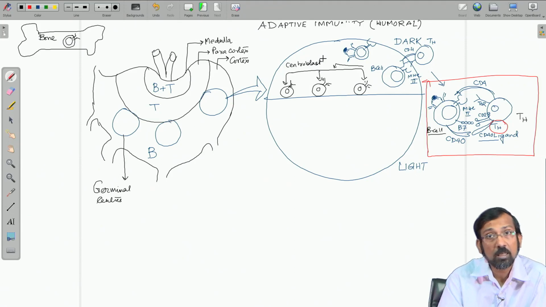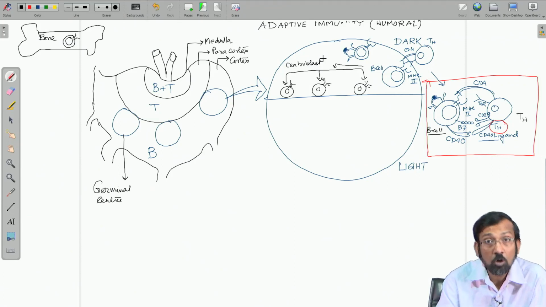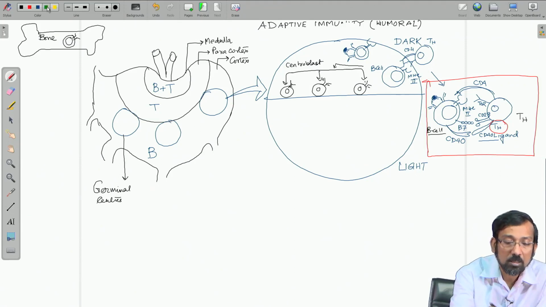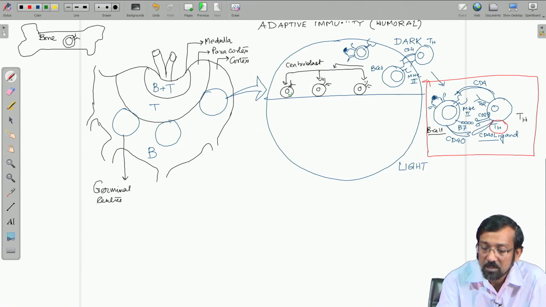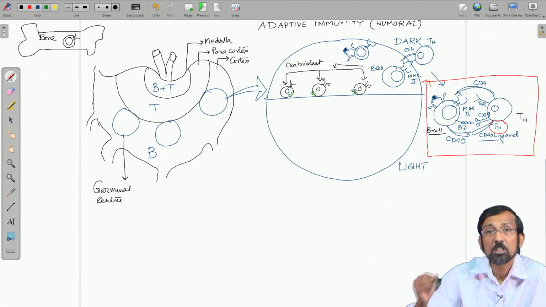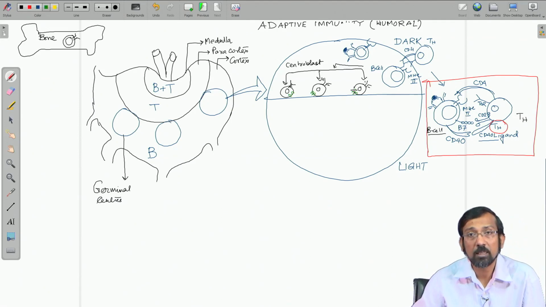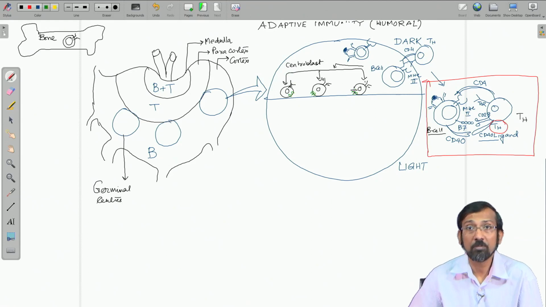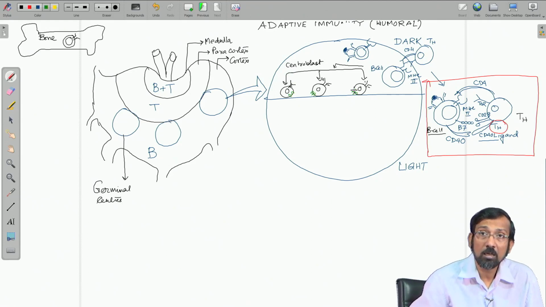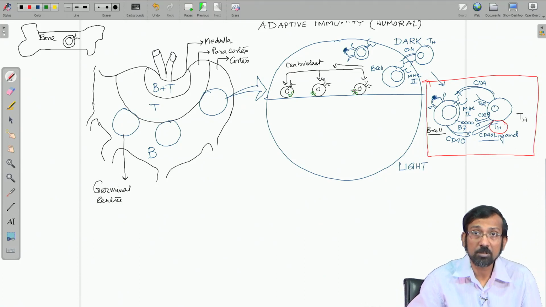Now, these centroblasts also express something else. They start to express on their surface specialized receptors that can bind to the chemokines. I have described the chemokines in one of my previous lectures, that the chemokines are the chemoattractants.